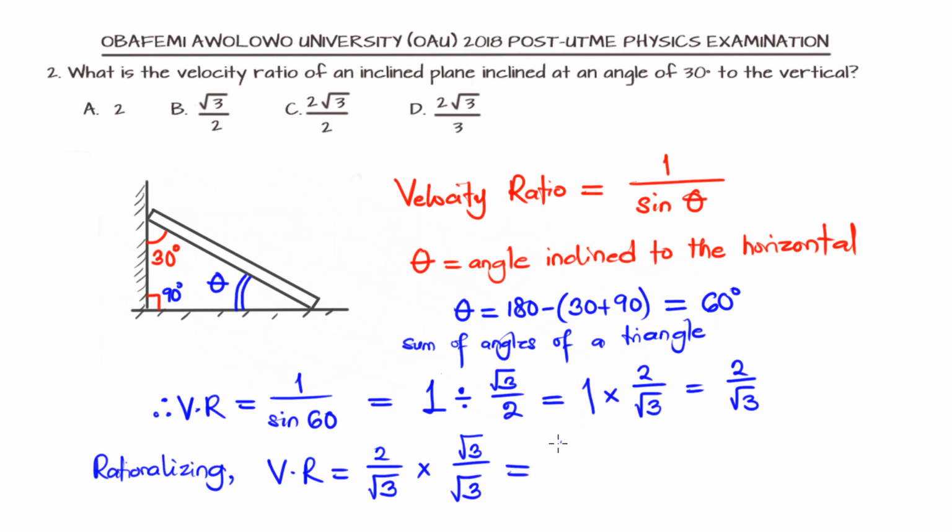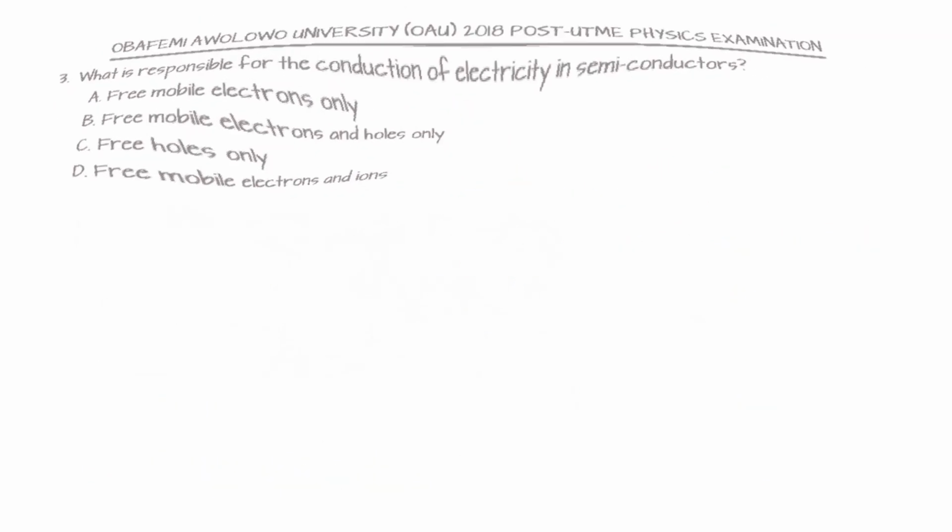This will give us 2 root 3 over root 3 multiplied by root 3, which is root 3 raised to power 2. The power and the root will cancel out. So we have 2 root 3 over 3, and that is the solution. Option D is the correct answer for the question.